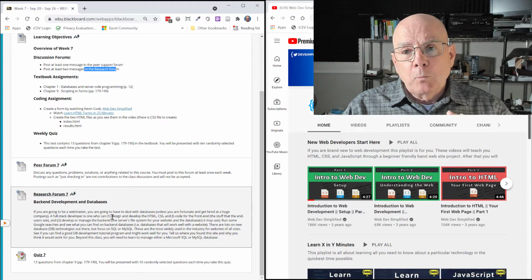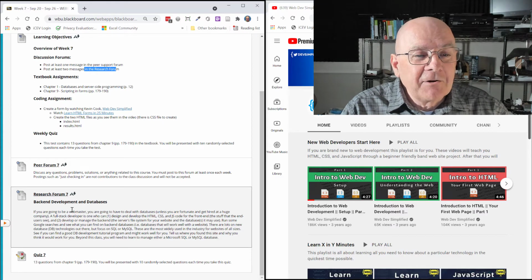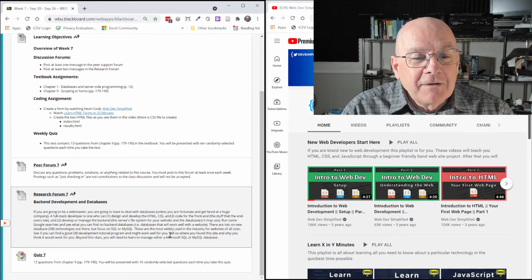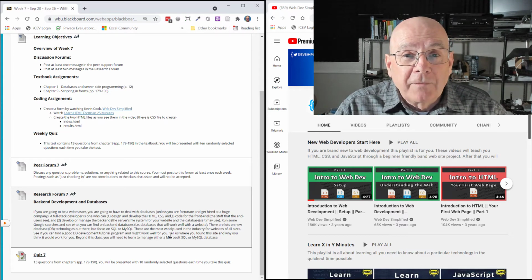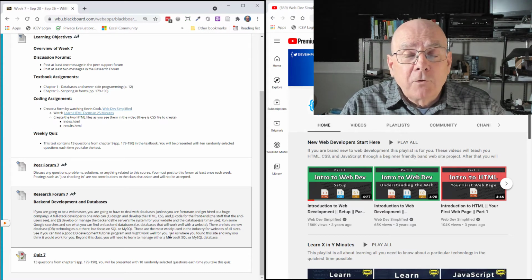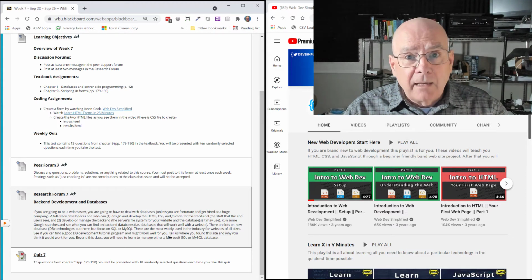Now, if you are really lucky in life, as it says down here in my research forum question, and if you were going to pursue web development as a profession, then you might want to do what we call full stack programming, which is where you build the front end and you build the back end, and that's pretty much what I did.